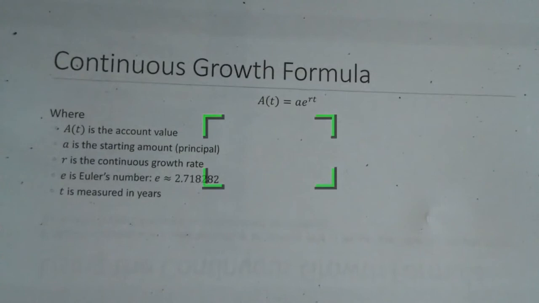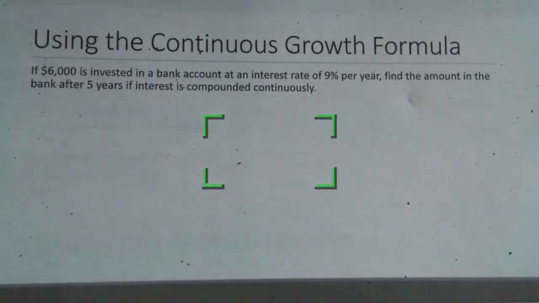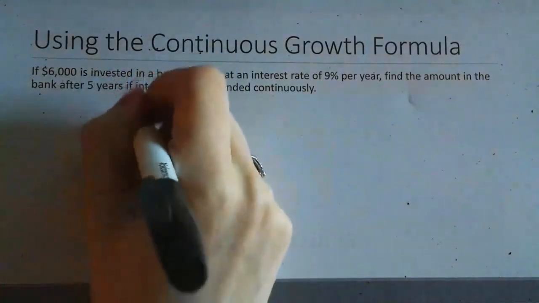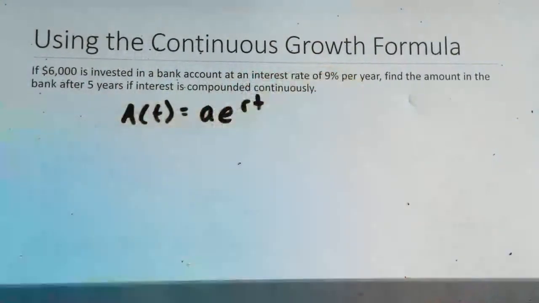So we're going to see if we can use this formula to get a continuous growth rate. So we're going to take that same problem we were working on. If $6,000 is invested in a bank account at an interest rate of 9% per year, find the amount in the bank after 5 years if interest is compounded continuously. So our formula was A of t equals a e to the RT.